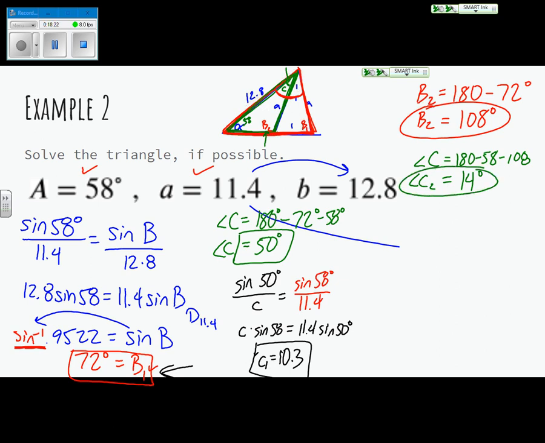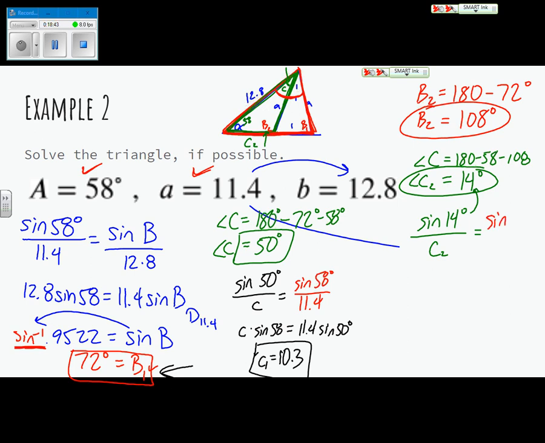And then from there, be super careful. I'm just going to do law of sines and find the side C, I'll call it C2, using this 14 degree angle. That will tell me what this little side down here at the bottom is. I'm going to go back and use my boys here, 58 degrees and 11.4.